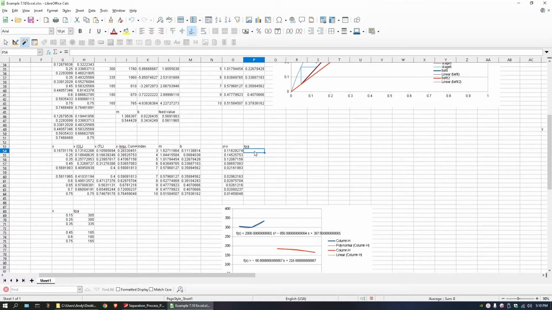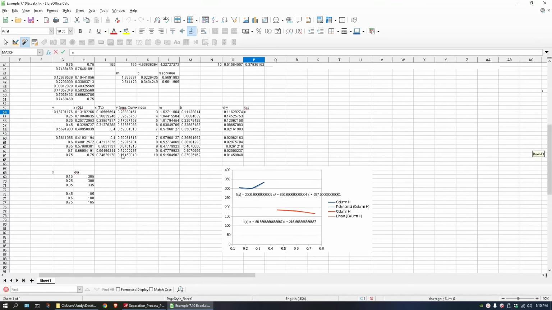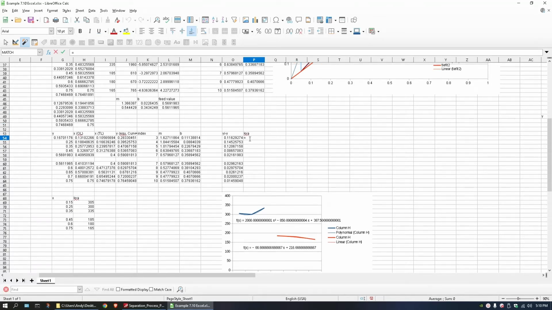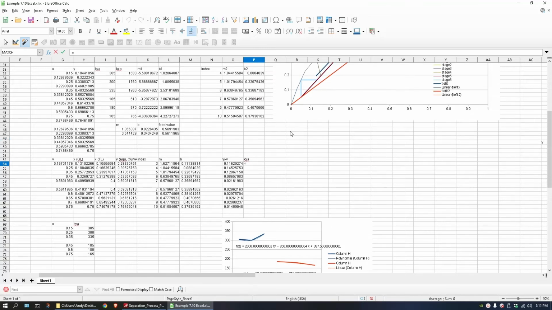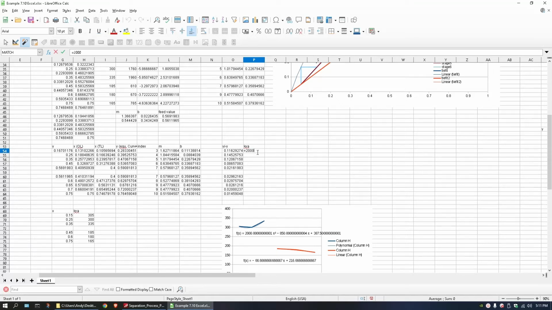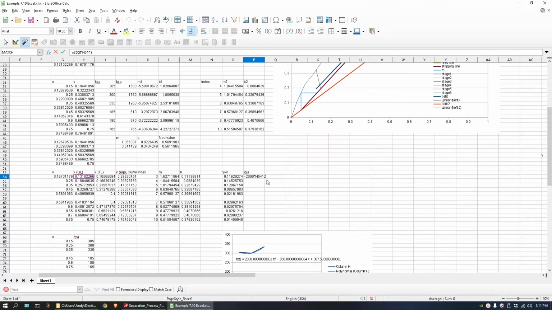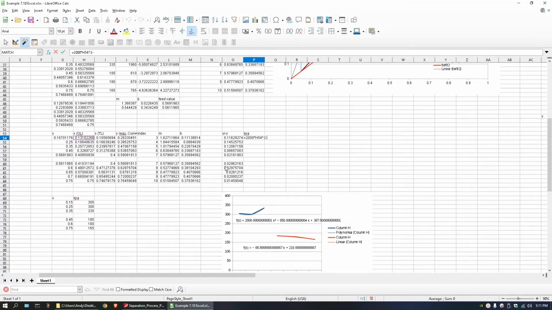If we just use these equations based on our x values, which is based on the operating line function, because that's where the k value is evaluated in the first place, then for the rectifying section it will be 2000 times our x for the operating line, minus 850 times our x value, plus 387.5.